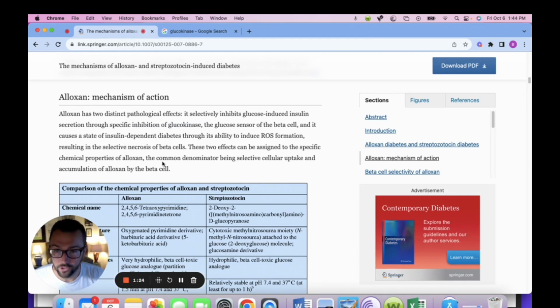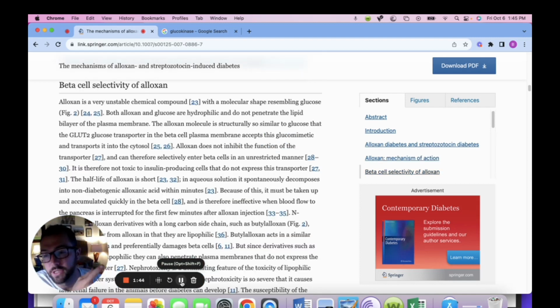Now, it also induces ROS, or reactive oxygen species, which we know is basically the currency of inflammation in the body. So this results in selective necrosis or death of beta cells. Now, an interesting feature of alloxan as well as streptozotocin is that they are glucose analogs, in that they look very similar to glucose.